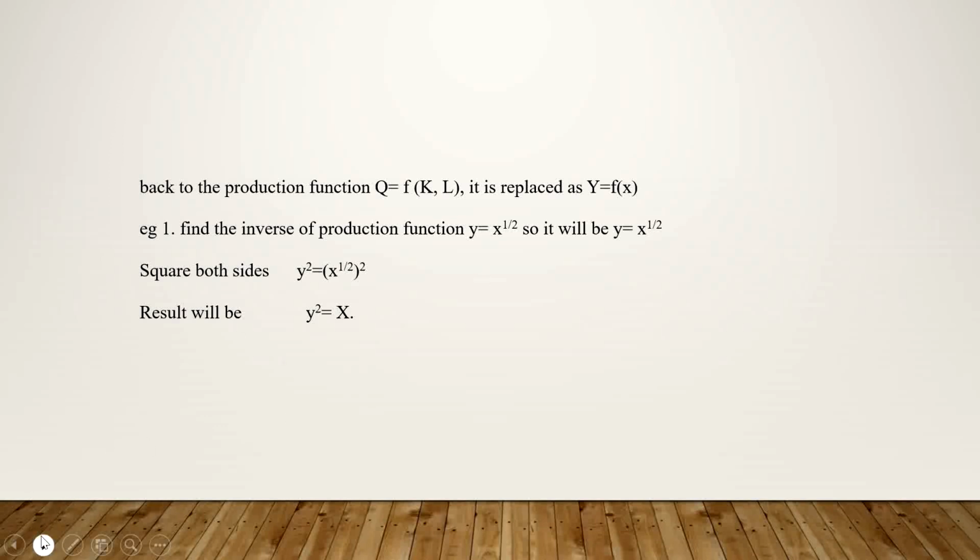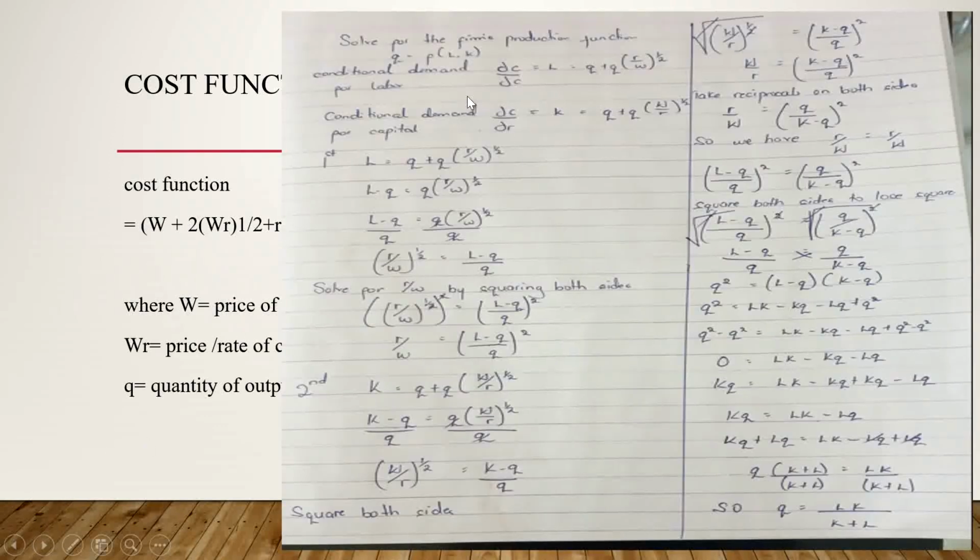If you look at my last slide for the mathematical exploration, where W is the price and R is the price of capital, and Q equals the quantity of output, if we wanted to solve such an equation, we would say the change in cost over the change in demand equals L times Q plus Q times (R divided by W) to the power of a half. Remember, we are talking about inverse.